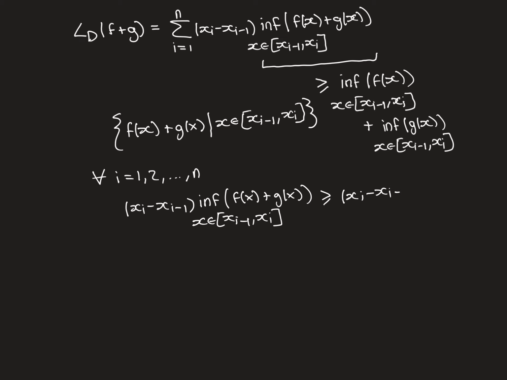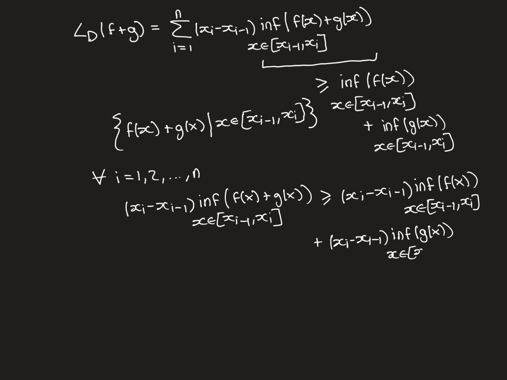So we'll get x_{i-1} times the infimum of f of x, x an element of that interval x_{i-1} to x_i, plus x_{i-1} times the infimum of g of x, x an element of the interval x_{i-1} to x_i. Brilliant. And that inequality holds true for every single one of them.